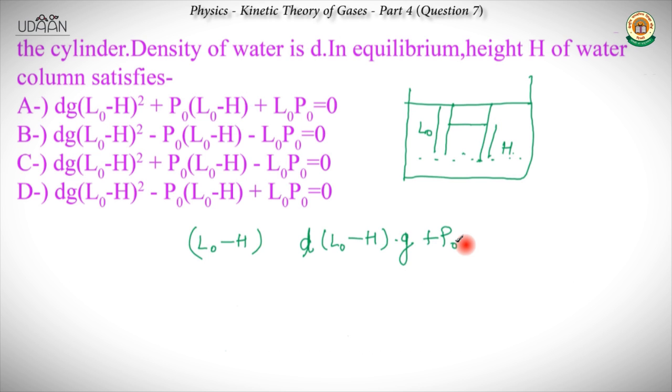Correct. Now the pressure of air in the cylinder, what is that? This we have to find. So basically we are finding that at this particular point, the pressure due to the air and the pressure at this point should be the same, because they are at the same height below the water level.